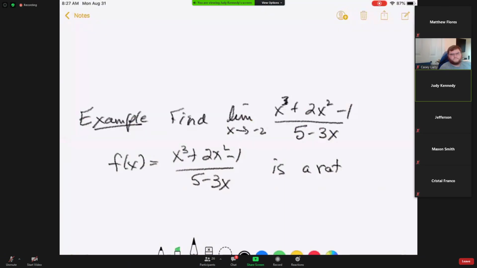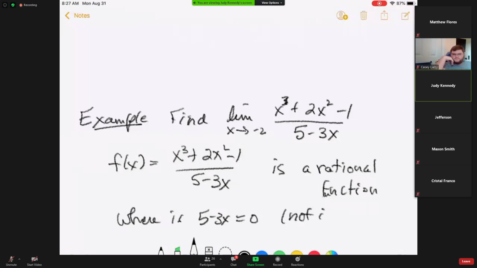So we want to find this limit and show that it's continuous here. For one thing, it's a rational function, so you have to worry about where the denominator is equal to 0, because that's not in the domain.